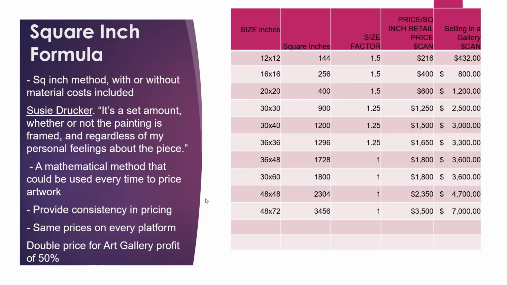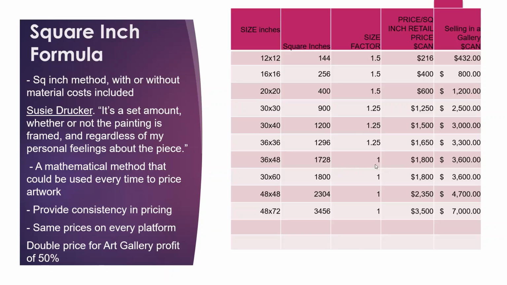Now, some of the bigger pieces, you say bigger pieces could be easier to paint, right? And so the factor that you use there is just 1. So let's say you have a canvas that is 36 by 48 inches. You get 1,728 square inches.